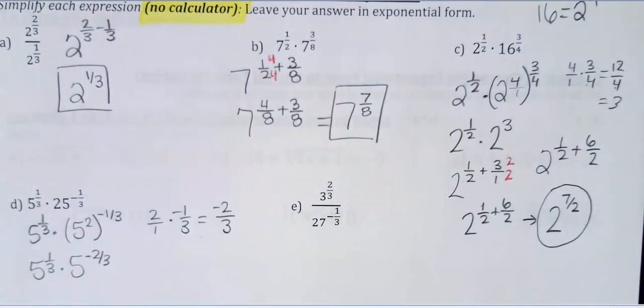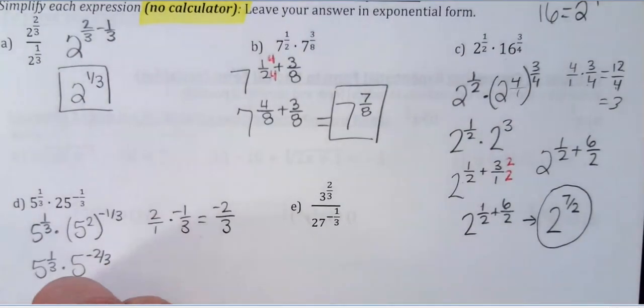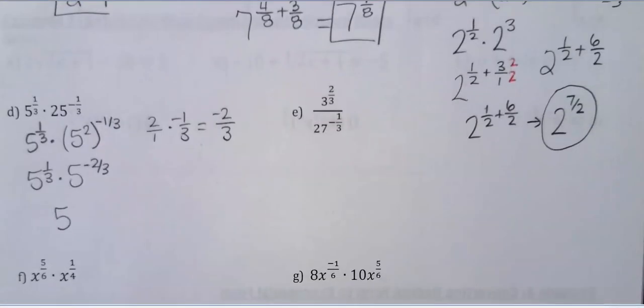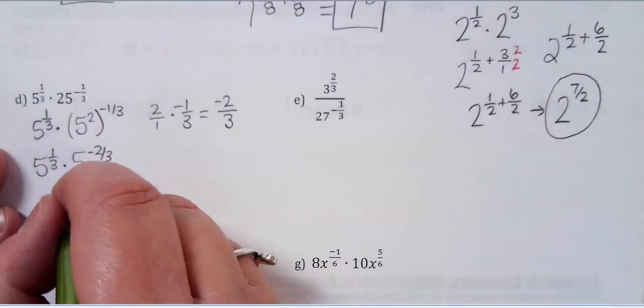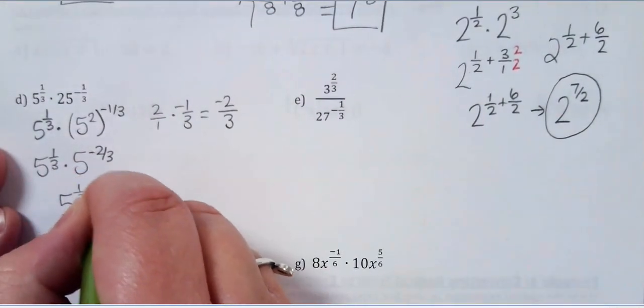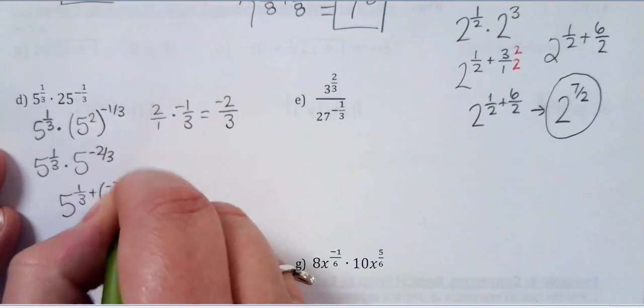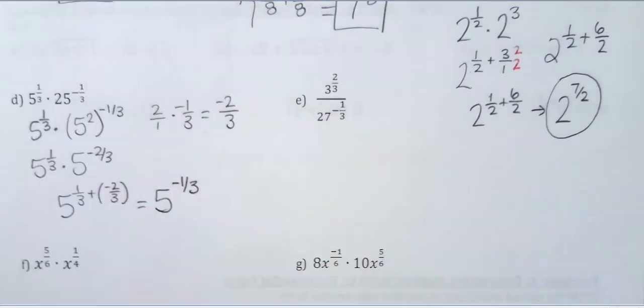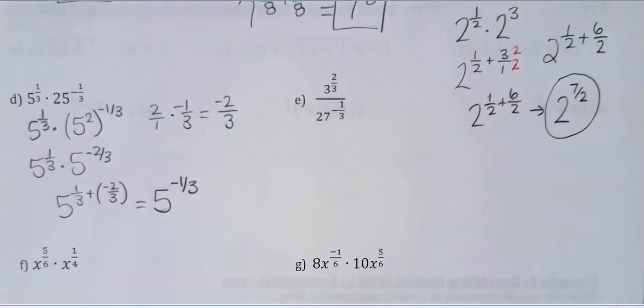If you are multiplying like bases, you're going to add the exponents together. So it's not going to turn into 25. It's just going to be 5. And then you're going to take 1/3 plus a negative 2/3, which is actually going to be a common denominator we already have there. So we can go ahead and just add those together, but it'd be 5 to the negative 1/3.